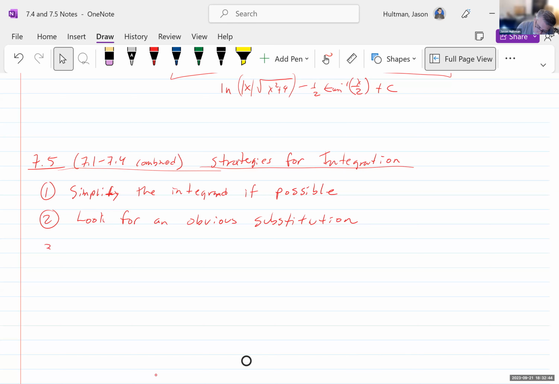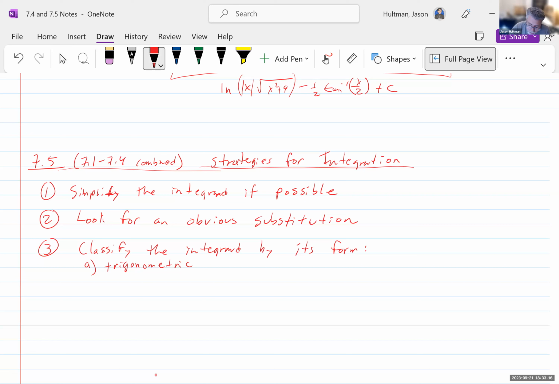Okay, number three, classify the integrand by its form. Ooh, what are the forms? One, we could have a trigonometric integrand. So that might just lend itself to utilizing properties of trigonometry or trig substitution.